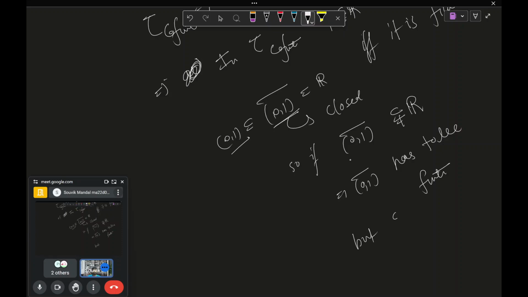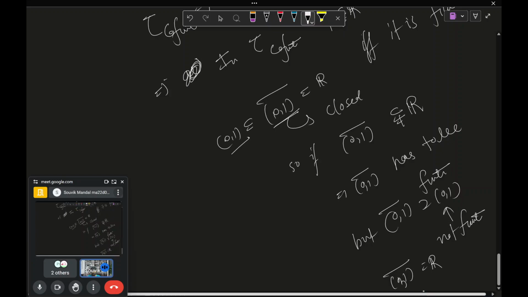But this closure contains (0,1), which is not finite. So the closure of (0,1) is the whole real line. Do you understand the argument?